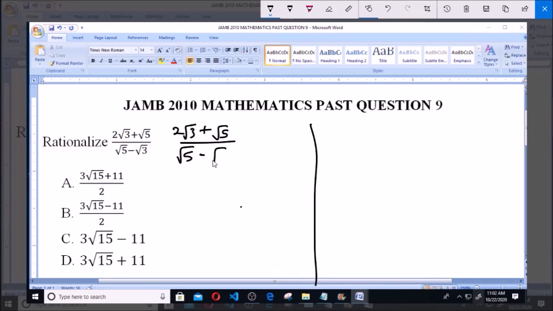Now in order for us to rationalize this, we have to find the conjugate of this denominator, that is root 5 minus root 3, and then multiply the numerator and the denominator by this conjugate. To find the conjugate of root 5 minus root 3, we simply change the sign, and that is equals to root 5 plus root 3.